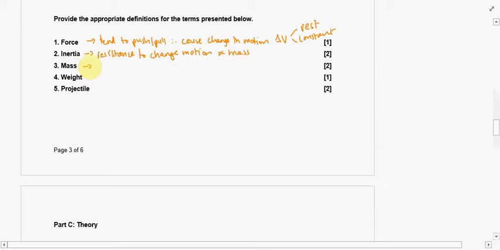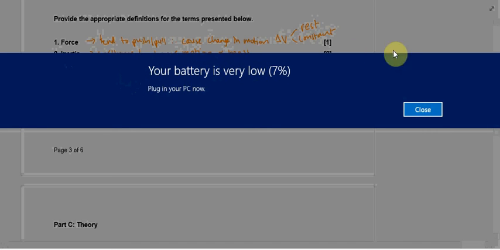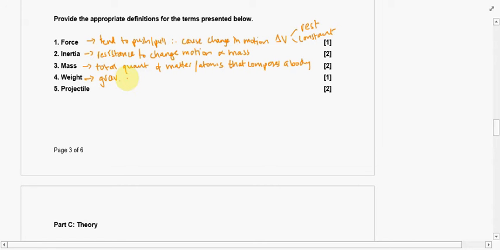Mass is the total quantity of matter, atoms, that composes a body. Weight is basically just the gravitational acceleration of mass.